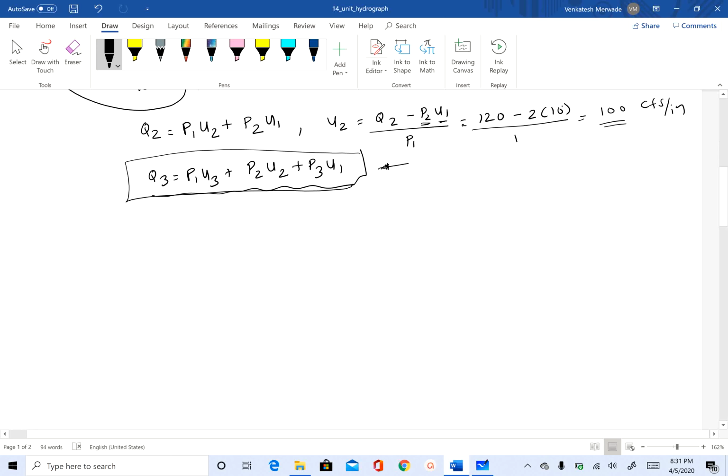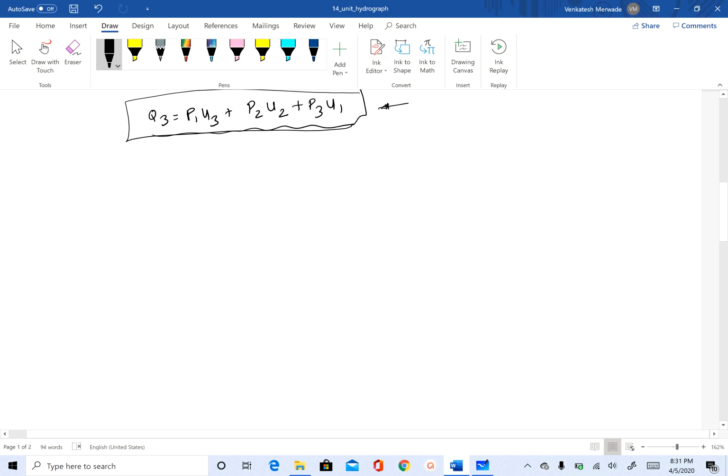The other way, which I prefer, and which will also help you to do this in Excel, is to just create a matrix.